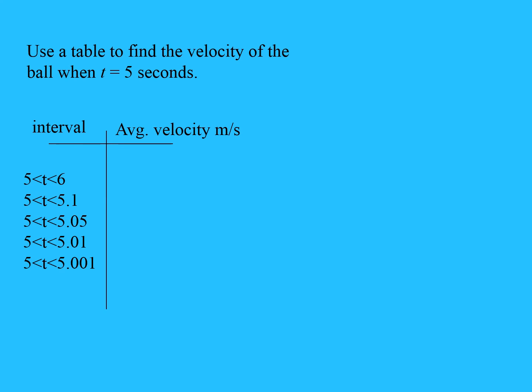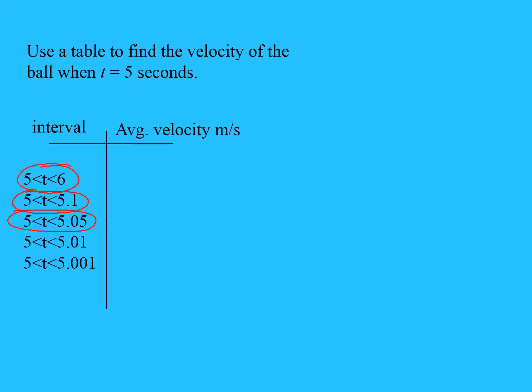Now, using a table to find the velocity of the ball at 5, as t approaches 5 from the right. So this first interval here, we're going to create a secant line between t equals 5 and t equals 6. Second, we would create a secant line between 5 and 5.1. Then we'd create the secant line between 5 and 5.05.